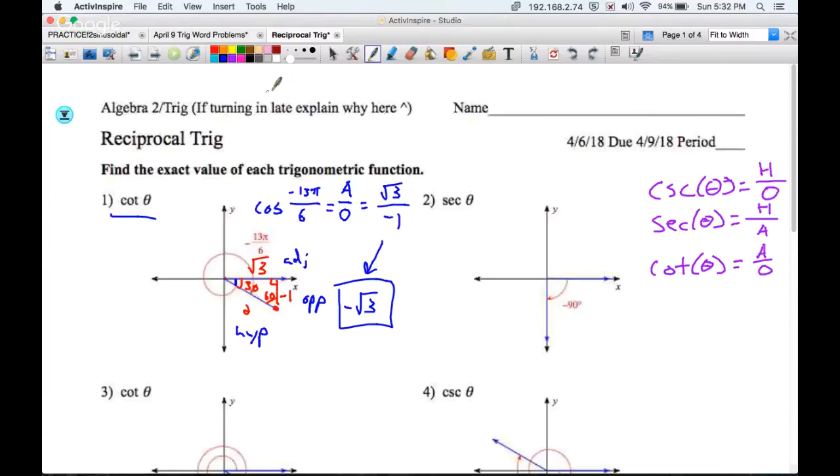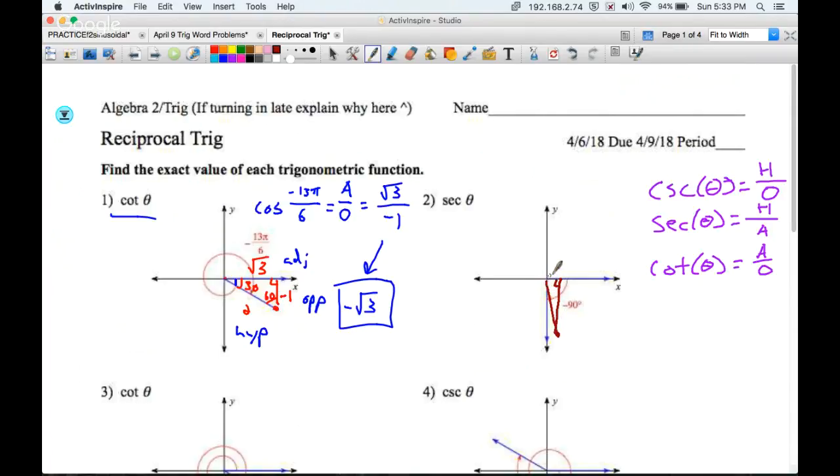All right, let's look at number 2. I want to construct a right triangle there so that I can have an opposite, an adjacent, and a hypotenuse, but it's right along this y-axis, making it kind of difficult to construct a right triangle. So what I do is I put my terminal side just a little bit off of the y-axis, so that I can still drop a point to my x-axis, making a right triangle.